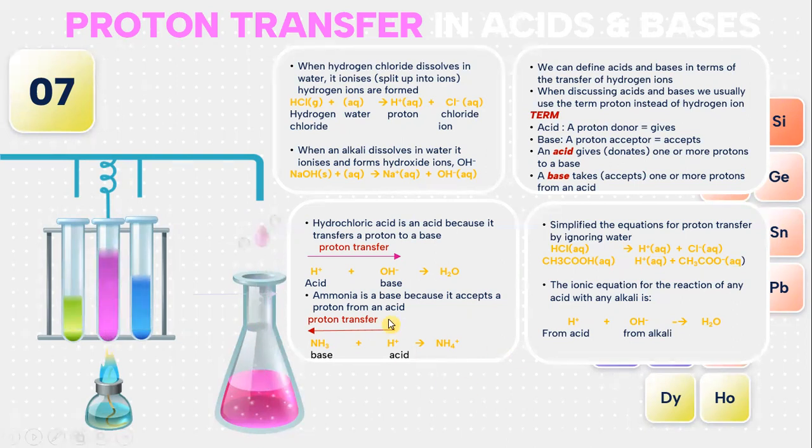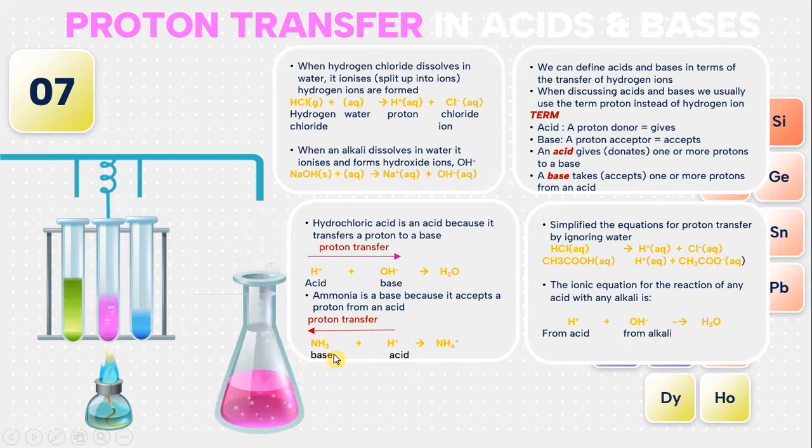In this scenario, the base is OH negative, to form H2O, water. The second example is where a base accepts one or more protons from the acid. You can see the proton transfer is from acid to base. In other words, the base accepts one or more protons from the acid.